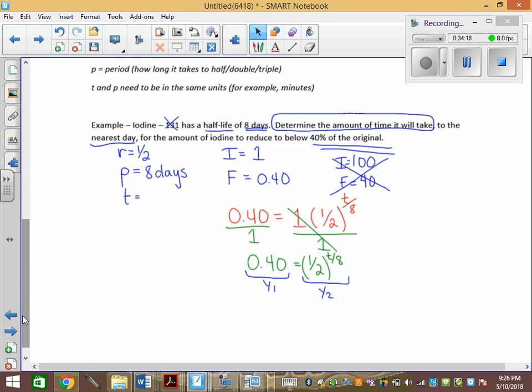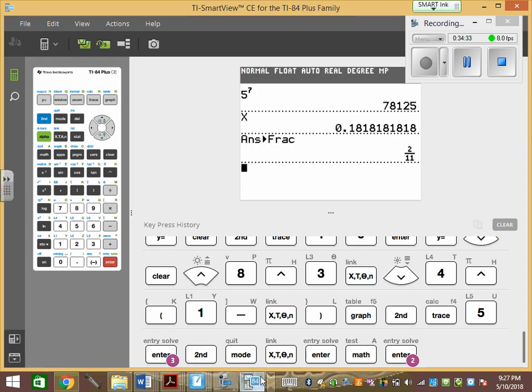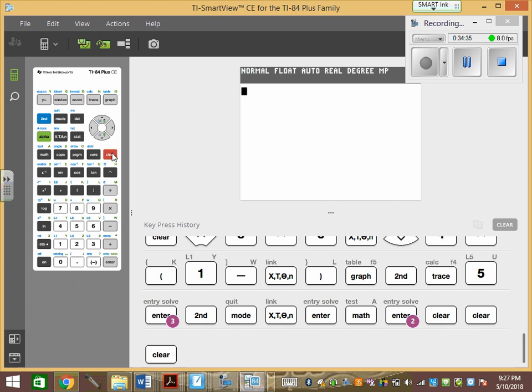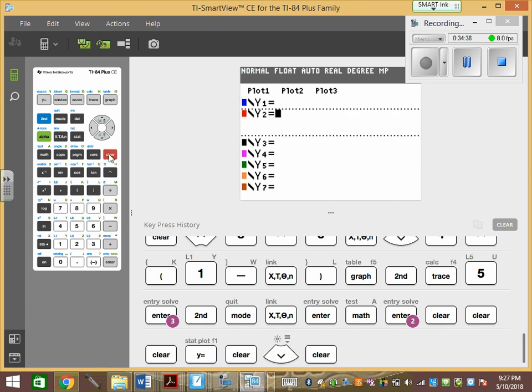So remember, if your exponent doesn't pop up, you need to write T divided by 8 in brackets. And your half has to go in brackets, because the only way your calculator, doesn't matter if you have an old calculator or a new calculator, knows that it's a fraction is if it's in a bracket.